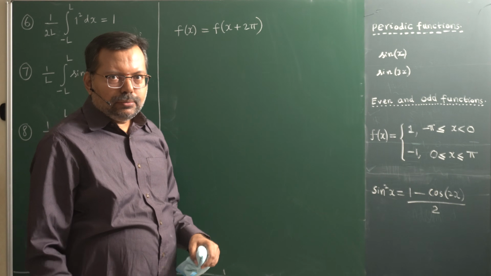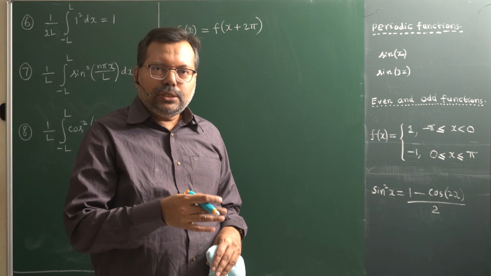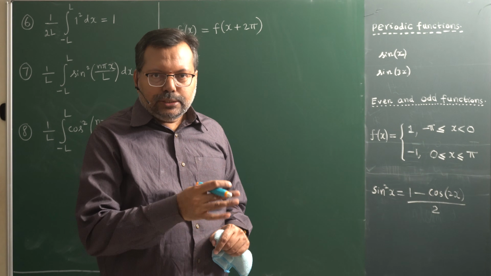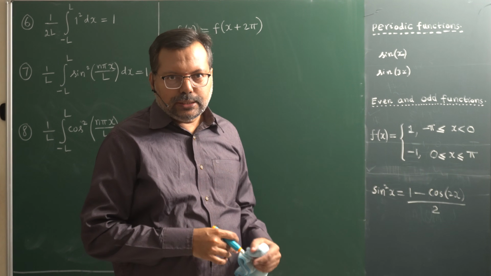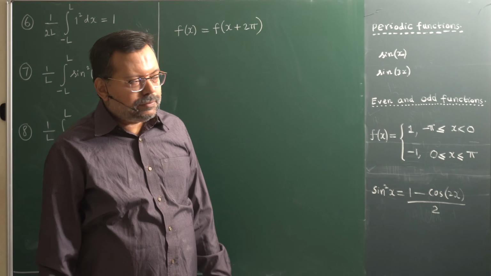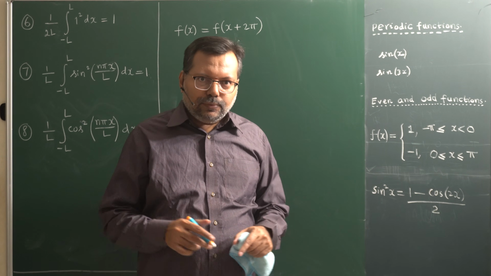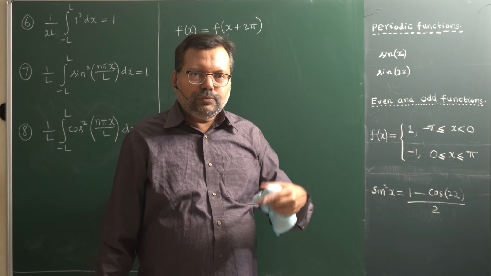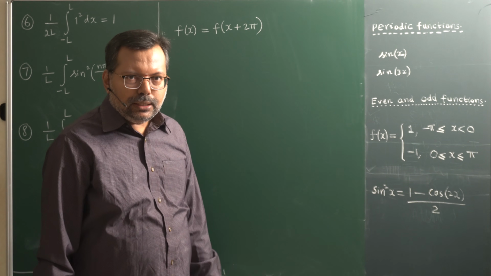This is the condition; mathematically speaking, this is how you write it down. But if you want to see it on the CRO or a digital storage oscilloscope, you can take the output from the signal generator and give it to the CRO. You can see the sine wave and cos wave, and you can see that the sine wave will repeat itself after a period of 2 pi. So you can see it visibly, or mathematically you can write it down equivalently like this.